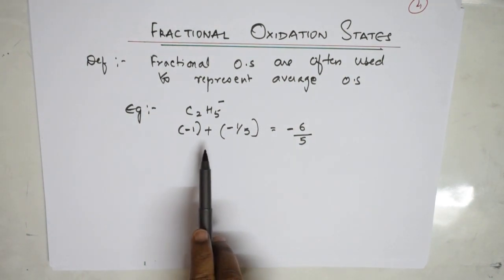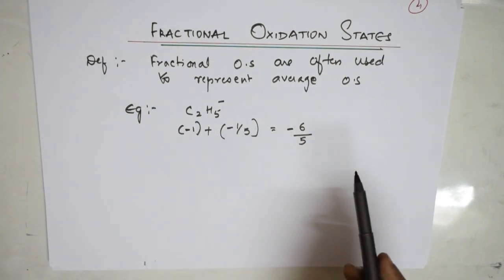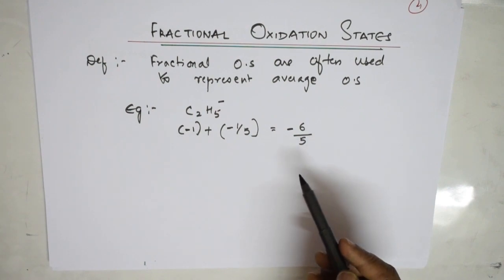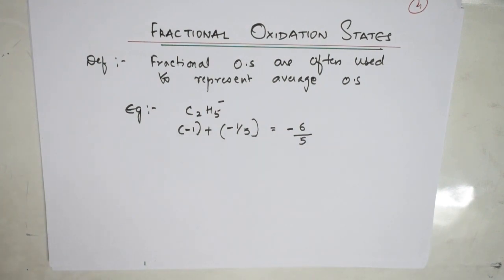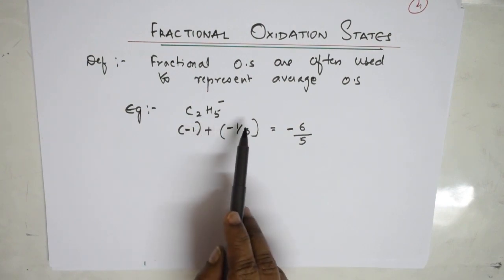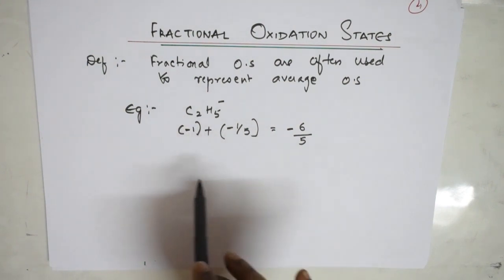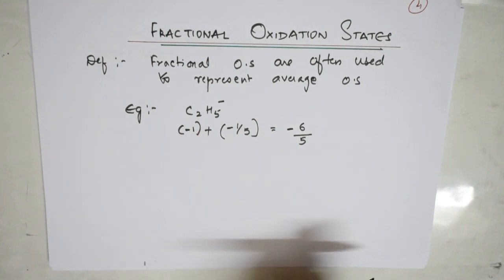If I add the total, it becomes -6/5, and it is divided among 5 equivalent carbons. So this is a fractional oxidation state. I'll be doing a video in detail on fractional oxidation state after the end of the chapter, because that requires at least 45 to 50 minutes of explanation.